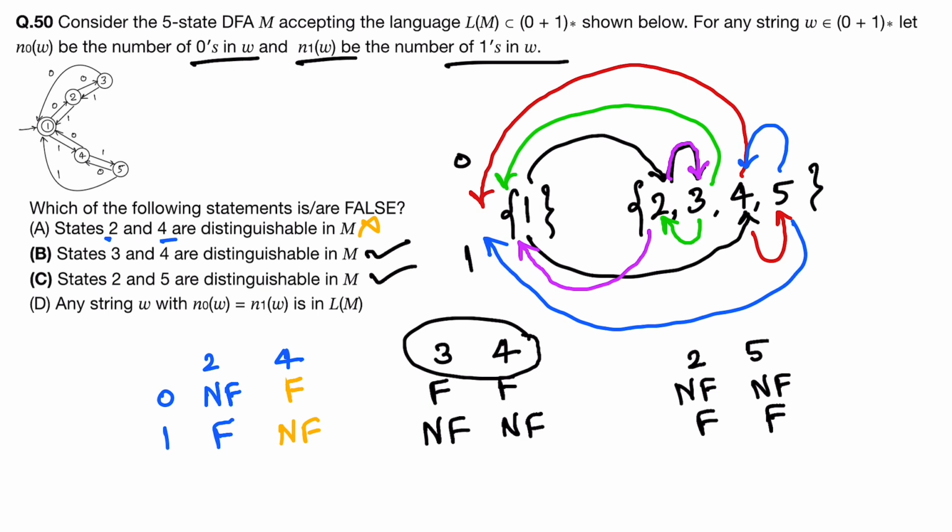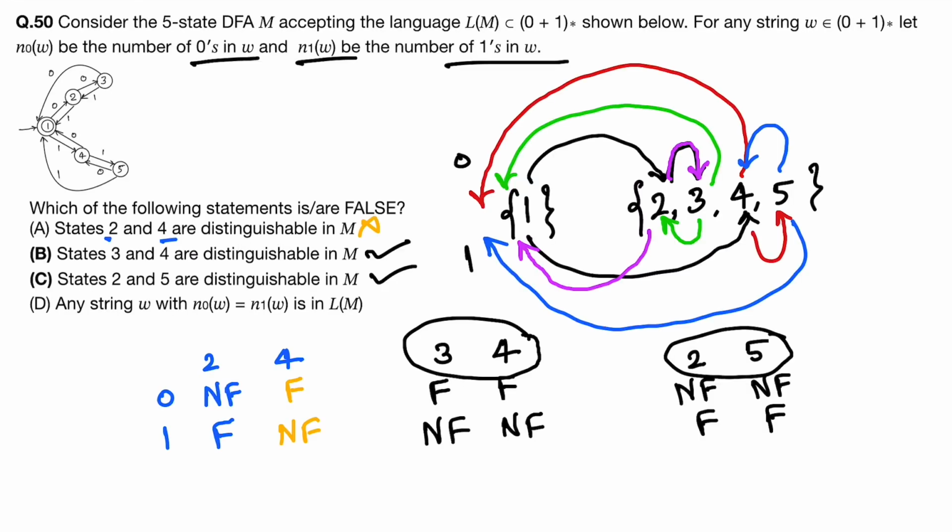Okay, just draw its diagram. We will combine these states. So 1 is the final state. 3 and 4, and 2 and 5, we have to combine. This is also the starting state.